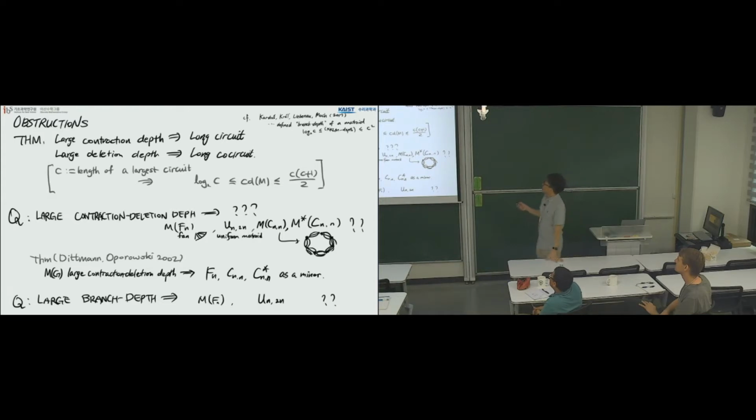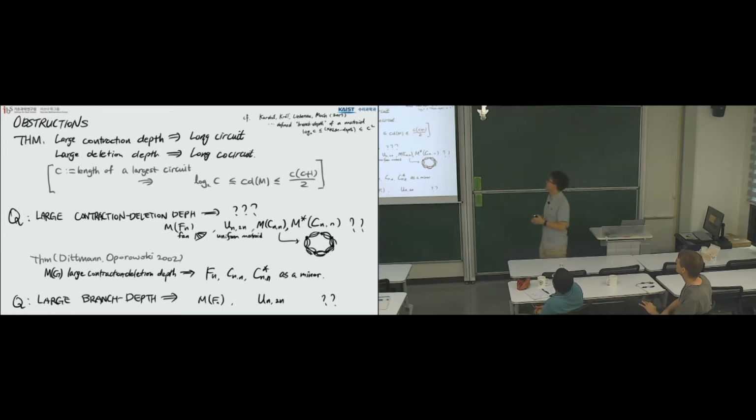Oh, by the way, I'm not the first one who tried to think of depth parameters for matroids. Actually, Kardoš, Král', Liebenau, and Mach had a conference paper in 2017 where they defined branch depth of matroids. The same name.